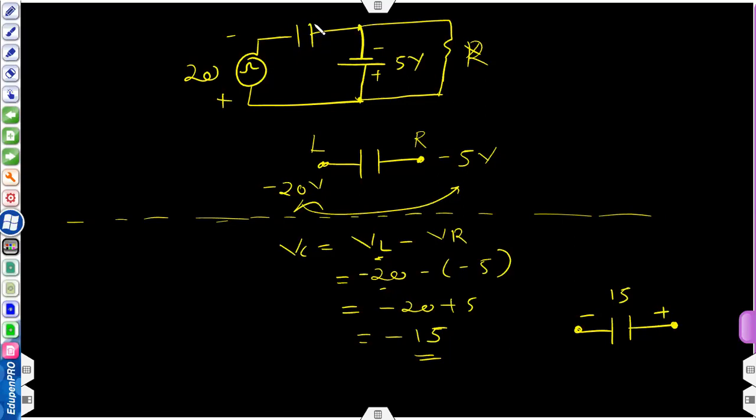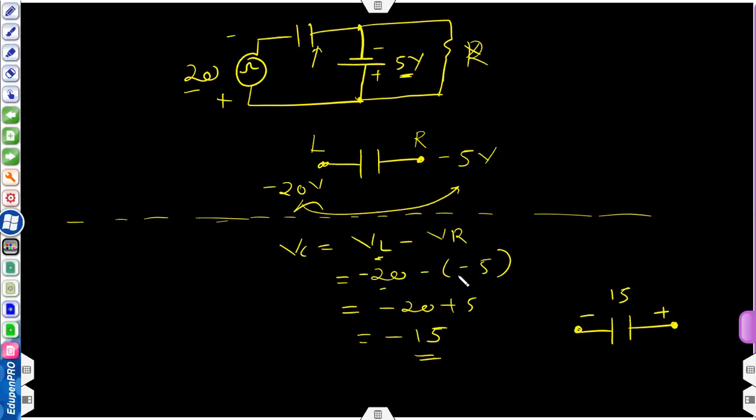Okay, but again this right hand plate is connected to a negative voltage source of 5 volt value. So this 5 volt, what will it do? It will try to store positive charge onto the right hand plate, and this is trying to store negative charges.